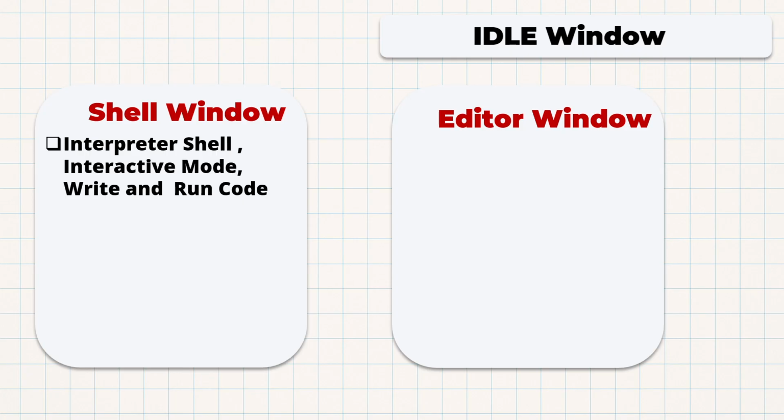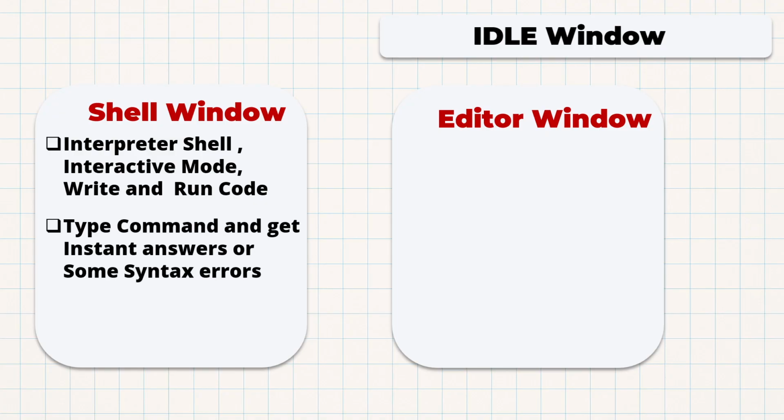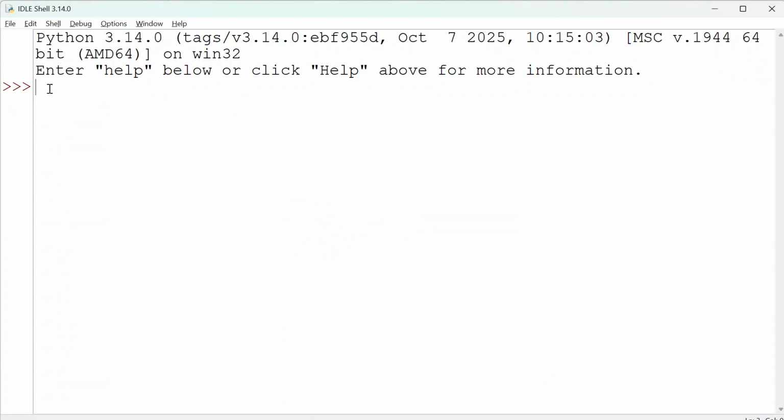The shell window is actually the interpreter window. It works in interactive mode where you can write the code and you will get the instant output, or you may get some syntax errors. And it displays this prompt, which is simply called the prompt or chevron prompt. Before we switch to the editor window, let us see the working of the shell window.